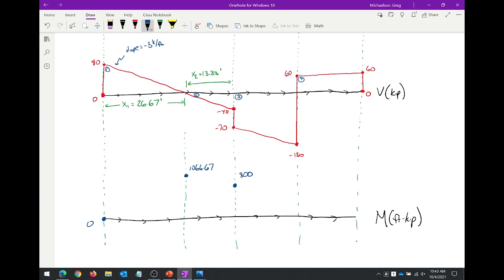Negative 2,000. So if I'm at 800 and I go down 2,000, what's that put me at? Negative 1,200. So that's going to put me about right here. And if I'm at negative 1,200 and I go up 1,200, that puts me at 0. So is everybody okay with sort of what I did here first? I'm just figuring out what the values should be.